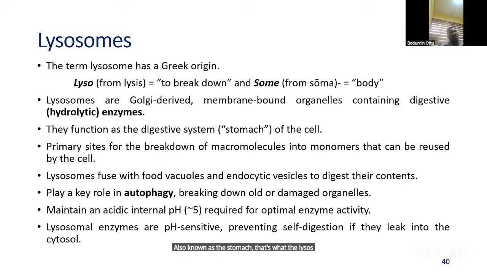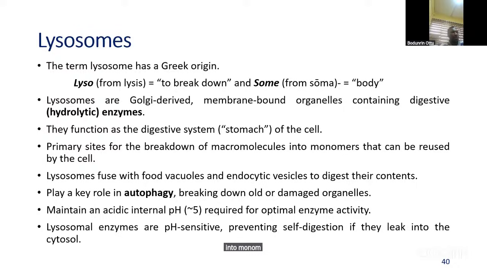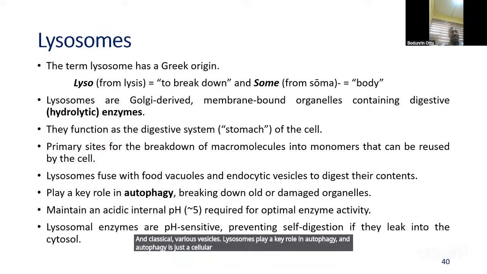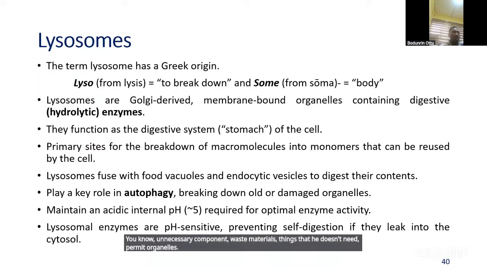It's the primary site for the breakdown of macromolecules into monomers that can be reused. They also help to digest the content of food vacuoles and various vesicles. Lysosomes play a key role in autophagy, a cellular process where the cell breaks down its damaged components, unnecessary components, waste materials, damaged organelles, old organelles.